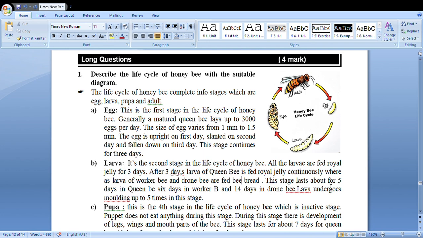This stage lasts about for 5 days in queen bee, 6 days in worker bee.